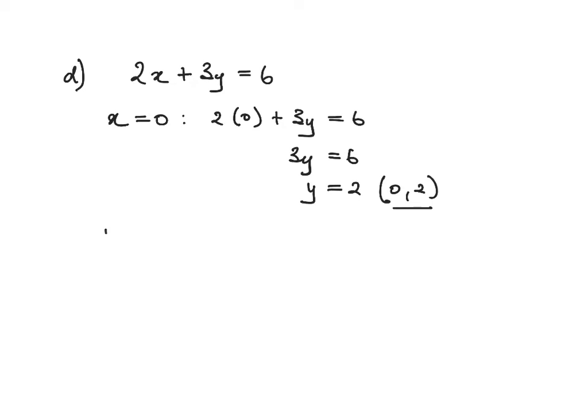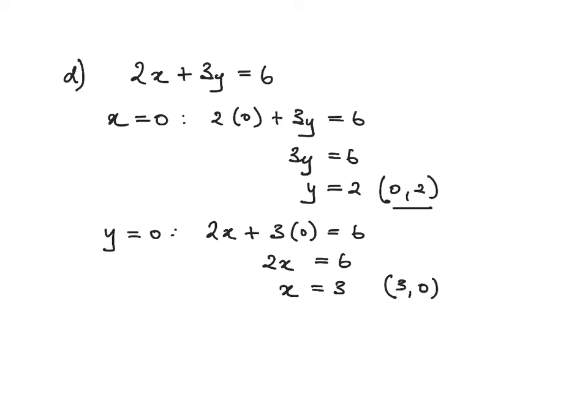I'm then going to set y equal to 0 and find x. So 2 lots of x plus 3 lots of 0 gives us 6. So 2x equals 6 and then x equals 3. So I have the point (3, 0). There are my 2 points. That's all that's required to sketch the line.